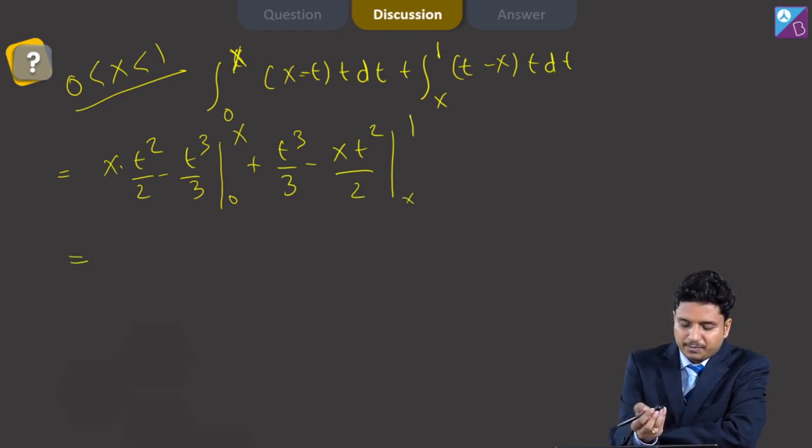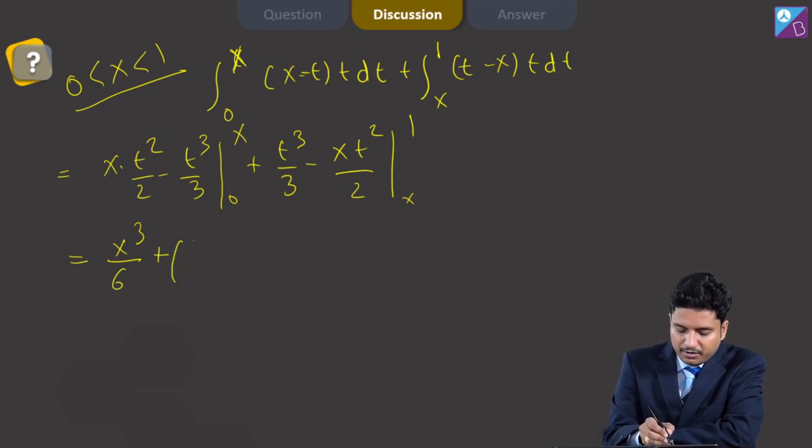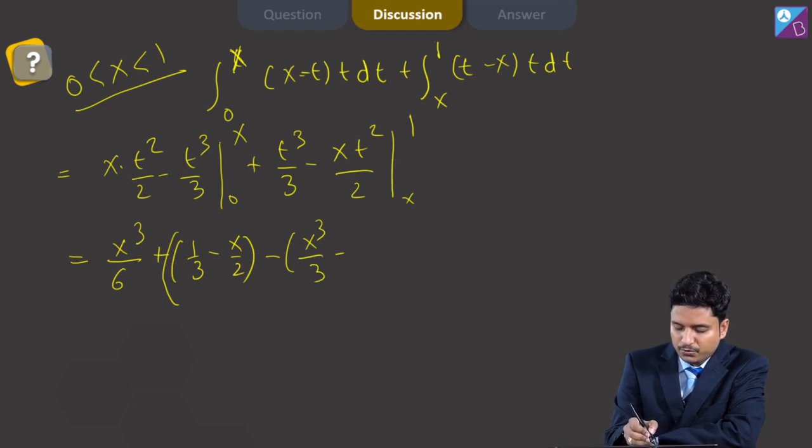So what will be the expression for this? X into, this is x square by 2, which is x cube by 2 minus x cube by 3, so this is x cube by 6, plus when we put 1 over here, then it will be 1 by 3 minus x by 2, and when we put x over there, then it will be x cube by 3 minus x cube by 2.